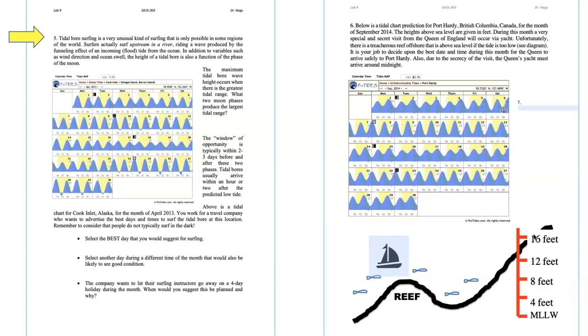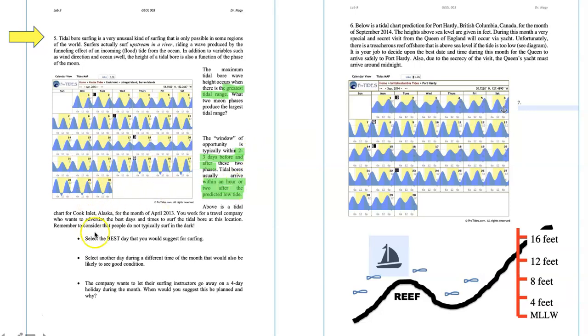Number 5 has to do with the tidal bore surfing. Again, we have a whole month of tidal information. And the key that you need to know when you read all this is that the greatest tidal range is when we have the maximum tidal bore waves. The window of opportunity is 2 to 3 days before and after the phases of the moon that create these particular greatest ranges, and the bores usually arrive about an hour or so after the predicted low tide.